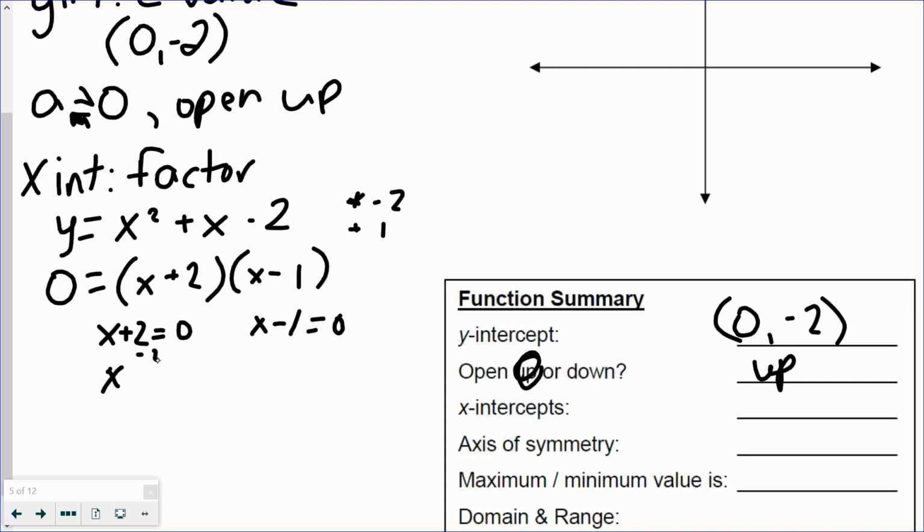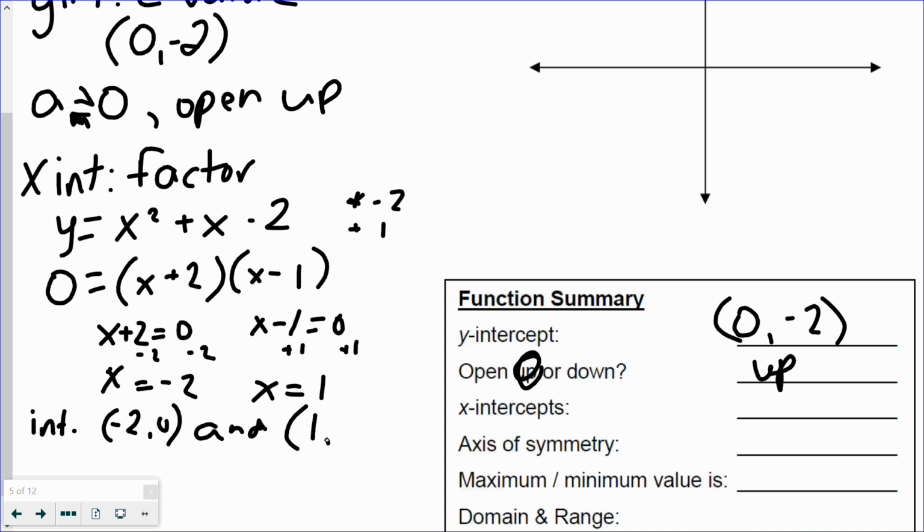So if I subtracted 2 from both sides, x is equal to -2. If I added 1 to both sides, again, what you do to one side of the equation, you have to do to the other. x is equal to +1. So my x-intercepts are at (-2, 0) and (+1, 0).